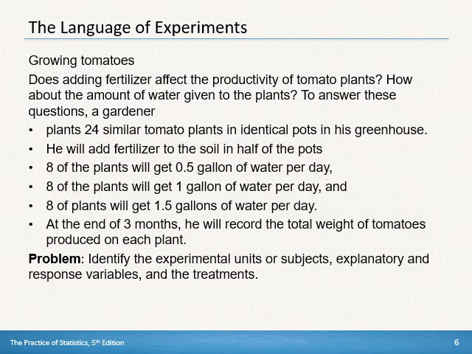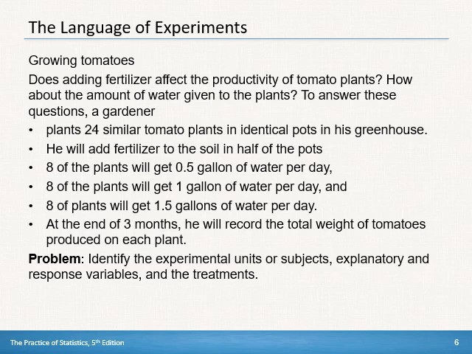All right, so here's an example of a fairly simple experiment growing tomatoes, and we're trying to see if the amount of fertilizer and the amount of water affects the amount of tomatoes being produced by plants. So we're asking, does adding fertilizer affect the tomato plant, and what about the different amounts of water?